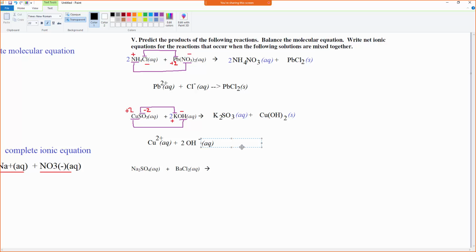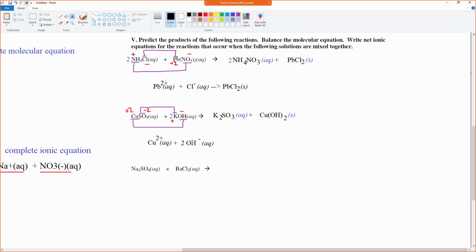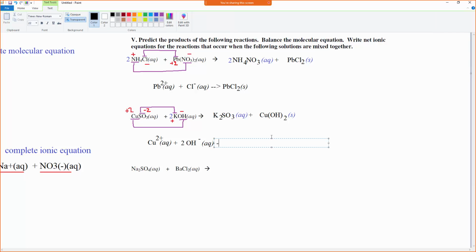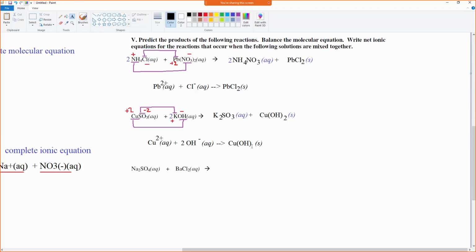So you wouldn't say OH2 minus 2, you would say 2 OHs, each with a minus charge, if that makes sense. Good. And that is going to form copper hydroxide, let's say, solid.